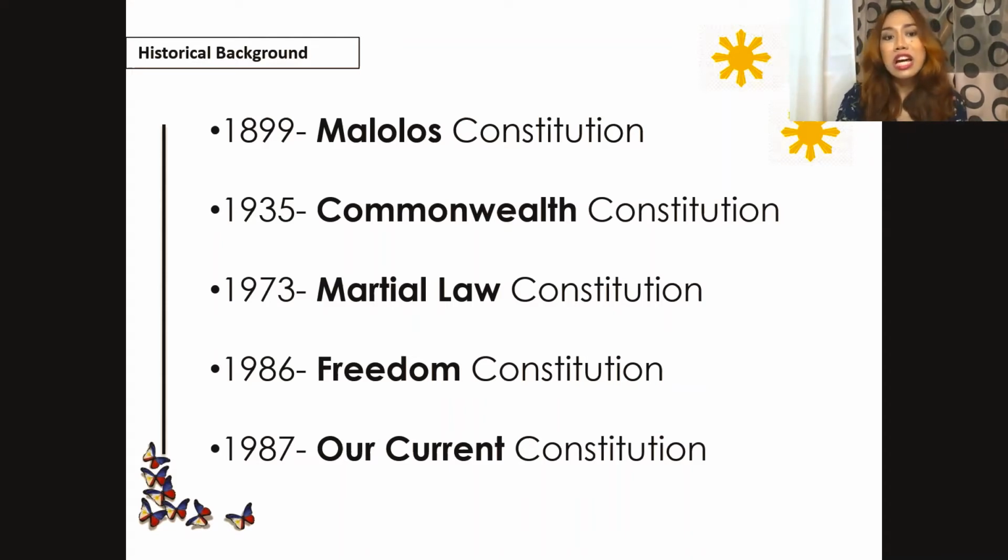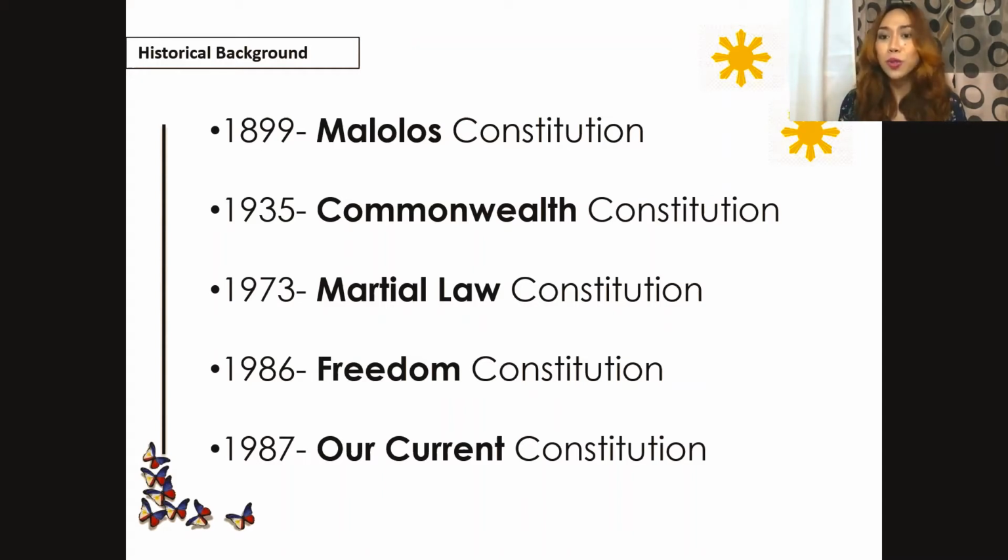And the 1935 Commonwealth Constitution was a testimony by the Filipino people to the US government that we are ready to become an independent country. We needed that constitution to show that we are ready and we are not immature in our decisions, that we can become an independent country.